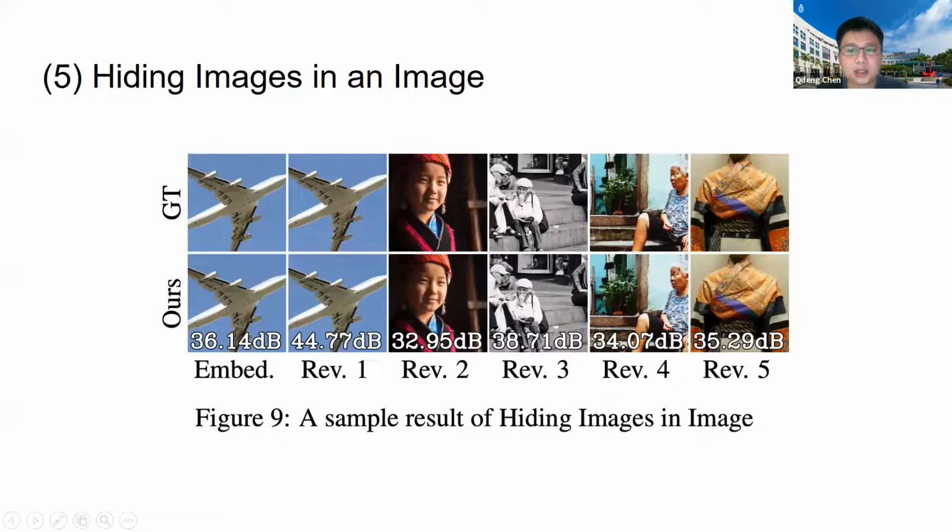So in an even more general scenario, we can embed the image set even in a single image. This is the embedding image, and these are the reconstructed images. They look visually similar to the original ones. So as we can see, such a model is very powerful to compile a lot of information in a single embedded image.